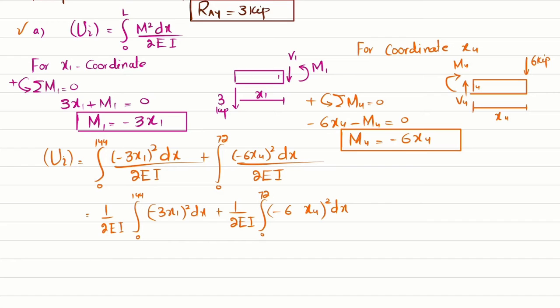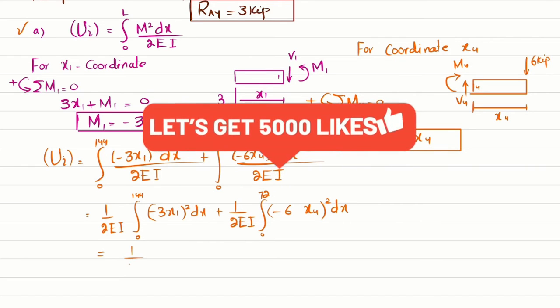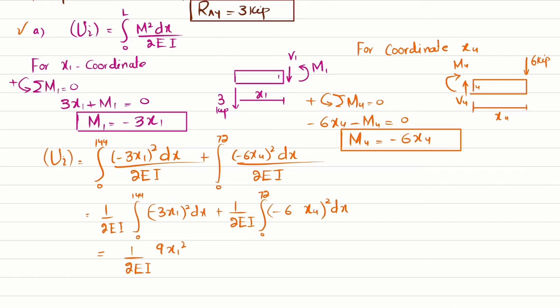So this will give us 1 over 2EI, and we will get 9x1 squared, integral of 0 to 144 dx, plus 1 over 2EI integral of 0 to 72 of 36x4 squared dx.